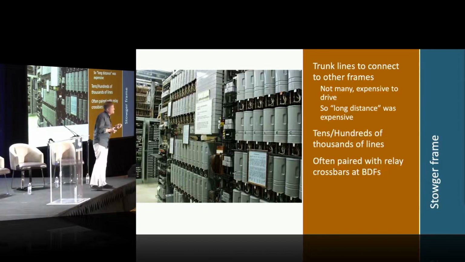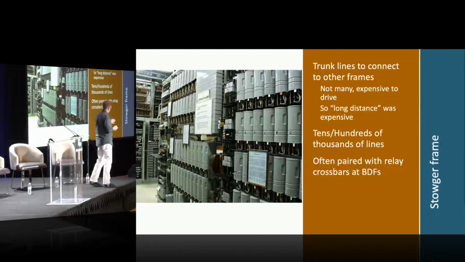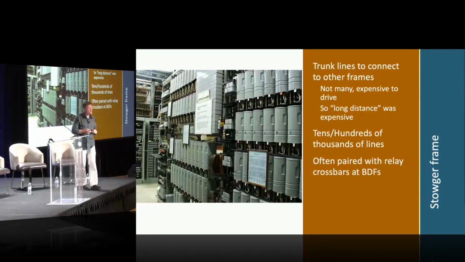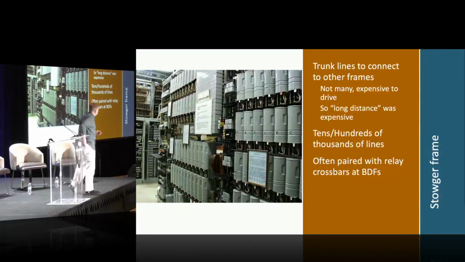Now the trunk lines are interesting because you couldn't get enough power to run the trunk line in mass. So you couldn't have a trunk line for every circuit that you might have. On McGuire Air Force Base, we had a 12,000 line Stroger switch, and we had multiple smaller crossbar BDFs, and we would have 200, maybe 100 pair that would be punched down on 66s to get you between the BDF and the mainframe on the network.